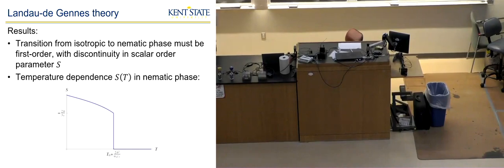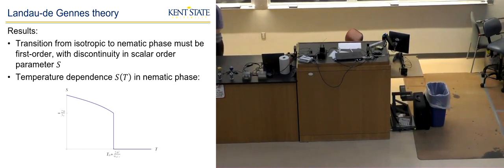What I have up there is the analogous plot for a nematic liquid crystal, and it's different. This one is second order, meaning that the order parameter is continuous, but the derivative of the order parameter is discontinuous.